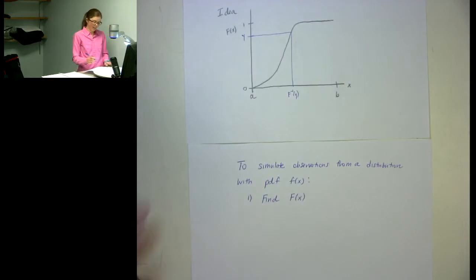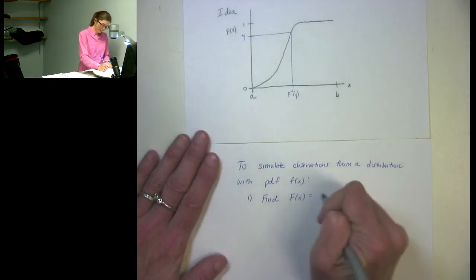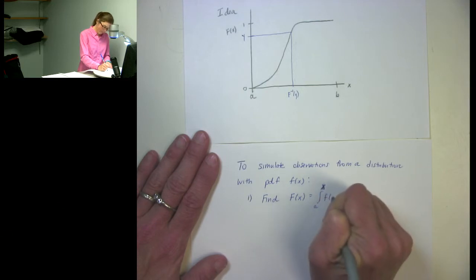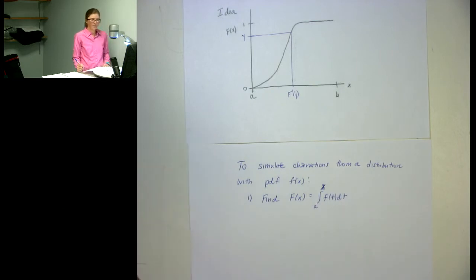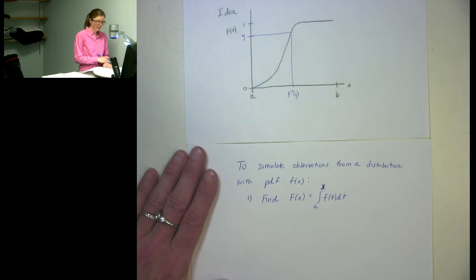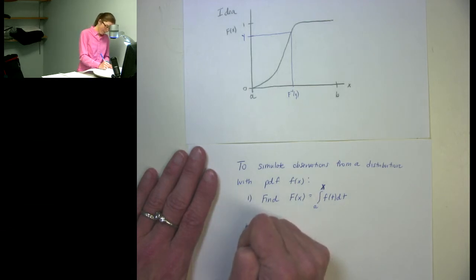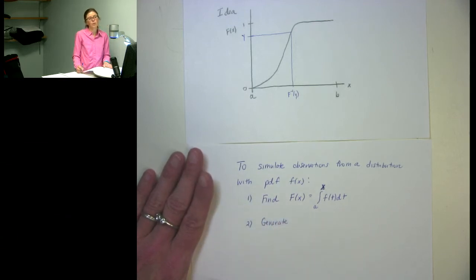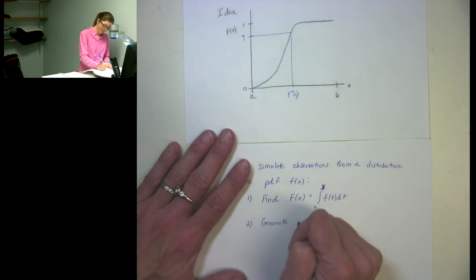We do that, remember, by integrating the little f of x over the support, just as we did back at the beginning of chapter 3. Once we've got the cumulative distribution function, we're going to generate observations from a uniform distribution on the interval from 0 to 1.